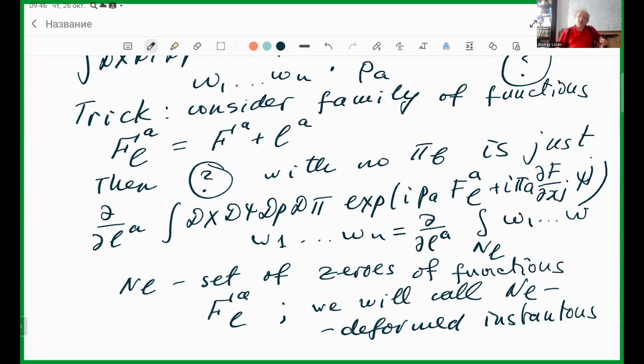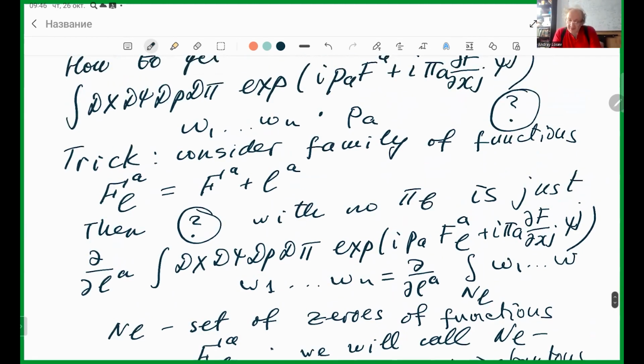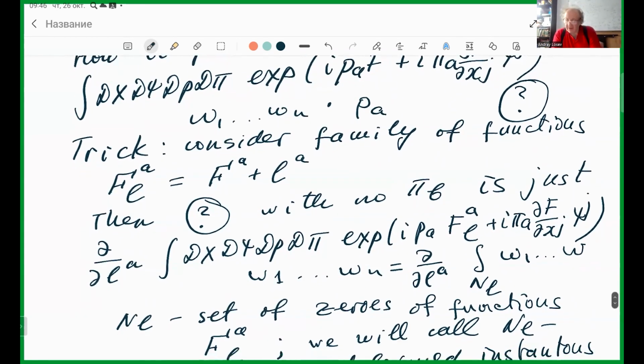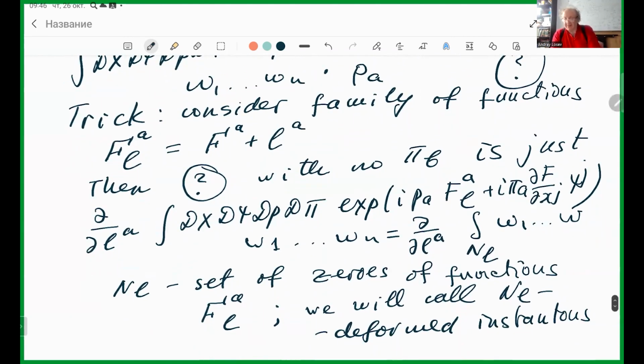Remember, I assumed that the space N is finite dimensional. So I obtained an integral with insertions of the field P like this.